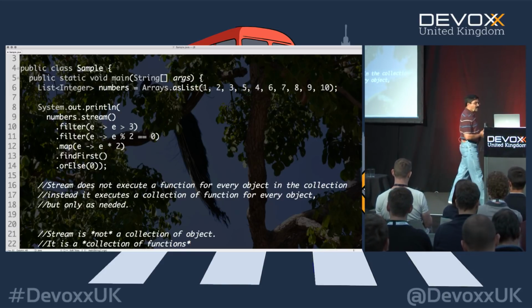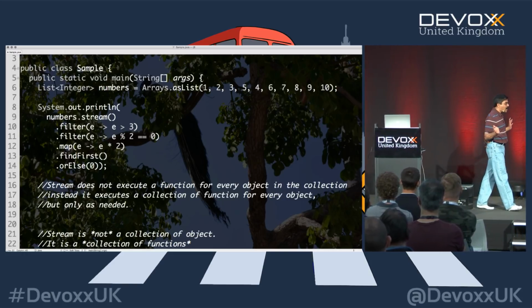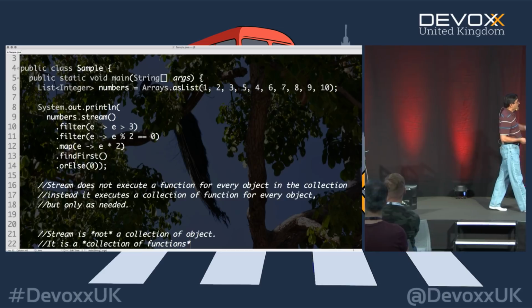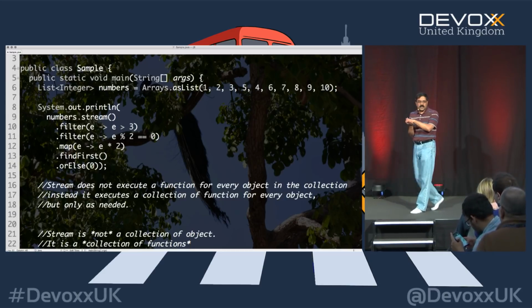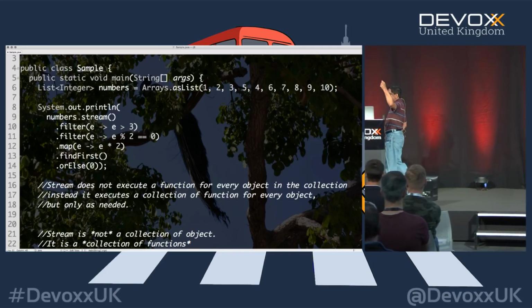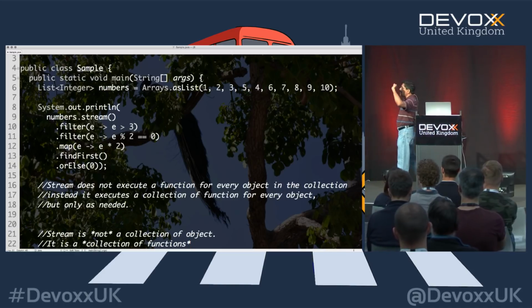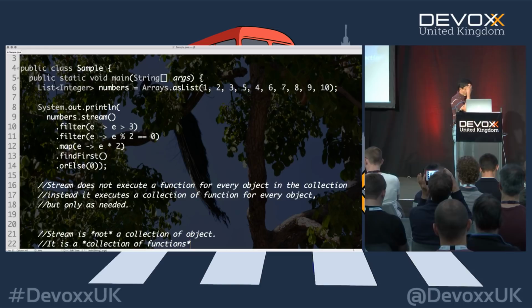It doesn't execute line 10 alone for every single object. Instead it says, I'm going to take line 10, 11, and 12 and fuse them together. And once it fuses it, that becomes a collection of functions. And then it says, I'm going to execute that collection of functions for every single object, but only as necessary.